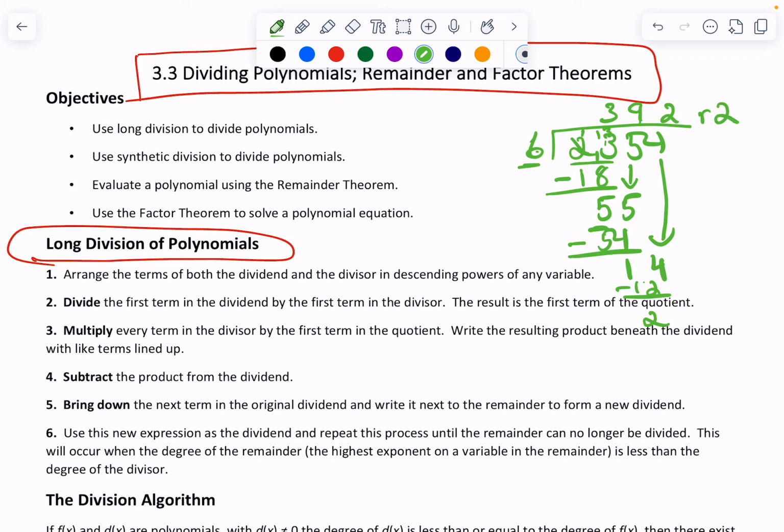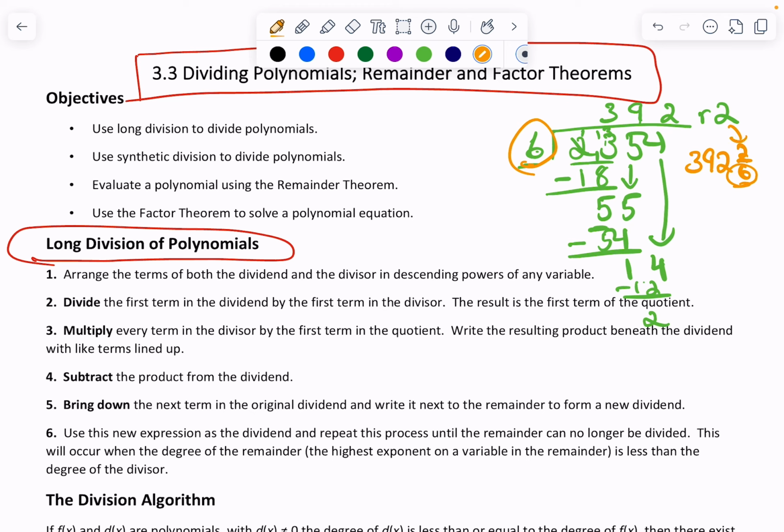Now, we can write it like this, or another way to write this number would be 392 and 2/6. Of course, with the numbers, the 6 comes from the divisor. That goes here. The remainder goes on as the numerator.